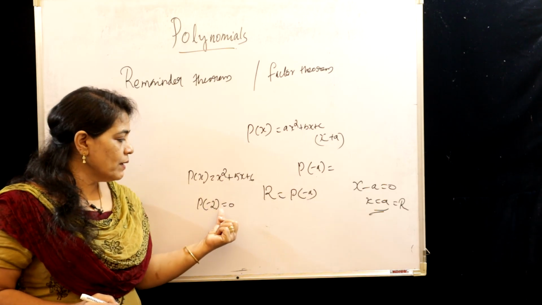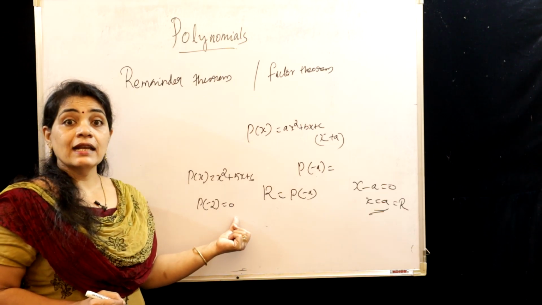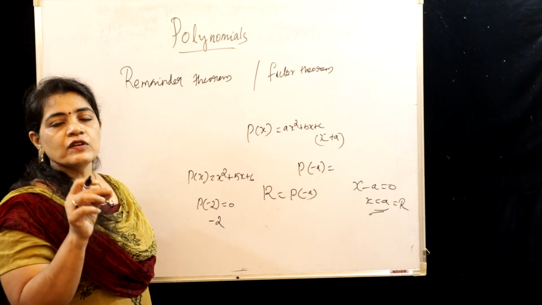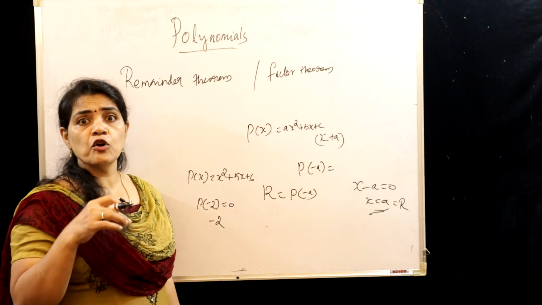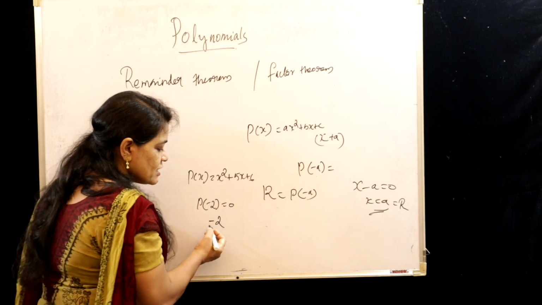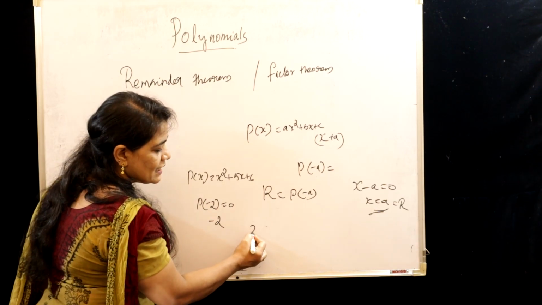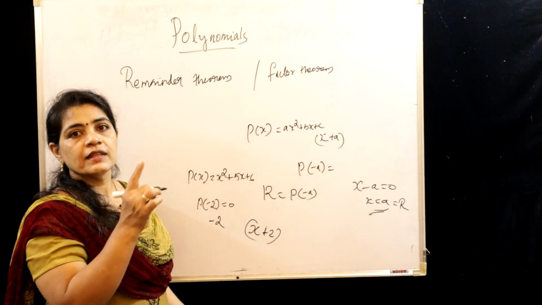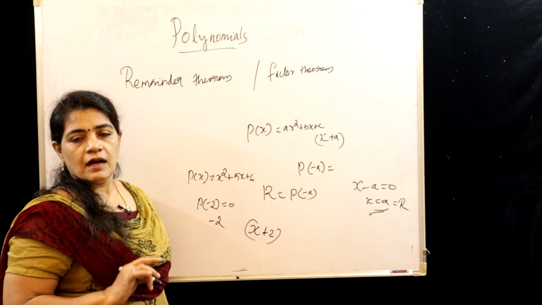Here the remainder is 0, and minus 2 is the value which makes that polynomial 0. Then you can say that x plus 2 is a factor of p of x. Understood, children?